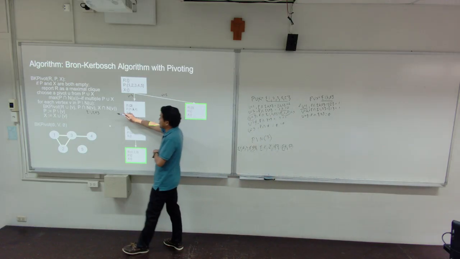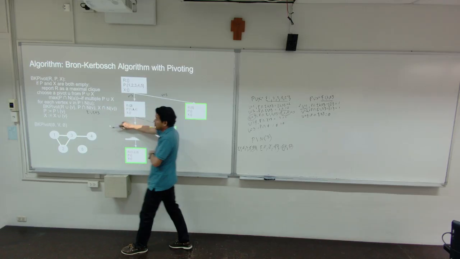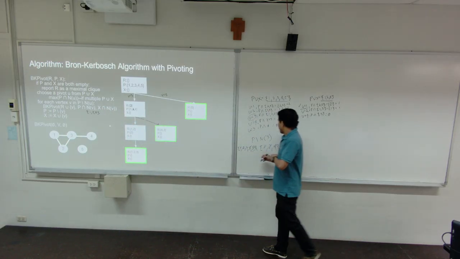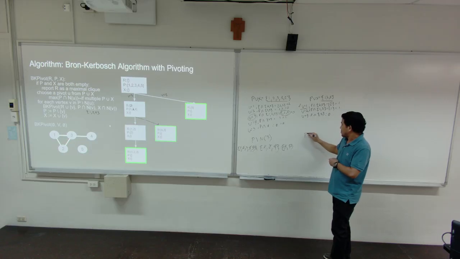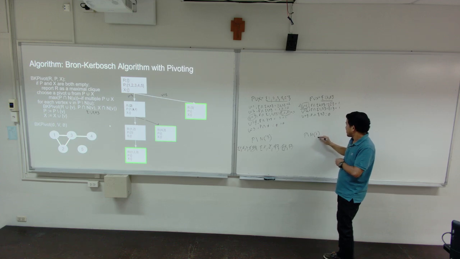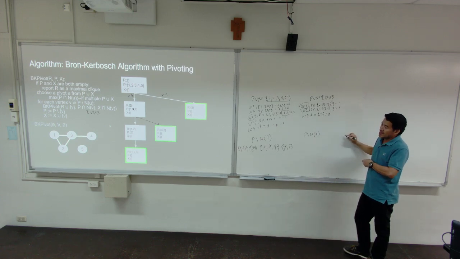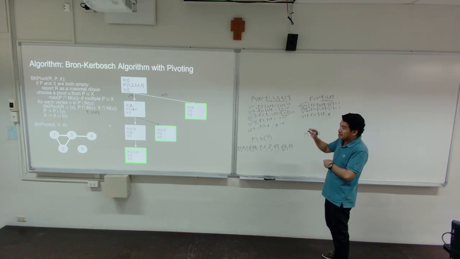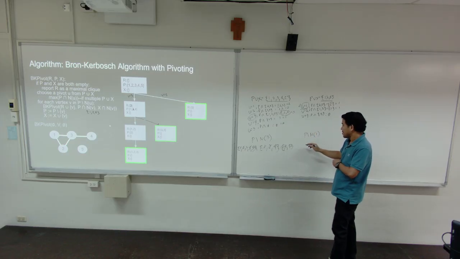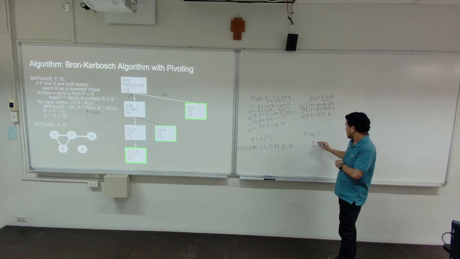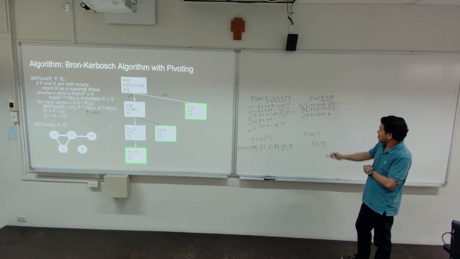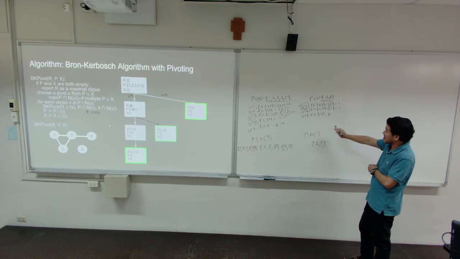You're going to substitute the value of u. U is 1. Okay, what are the neighbors of 1? We have 2 and 3. Neighbors of 1, 2 and 3.